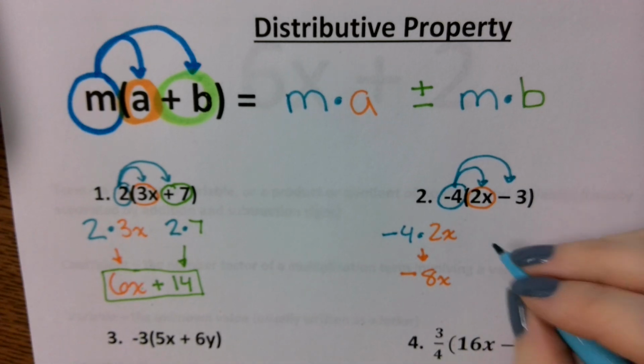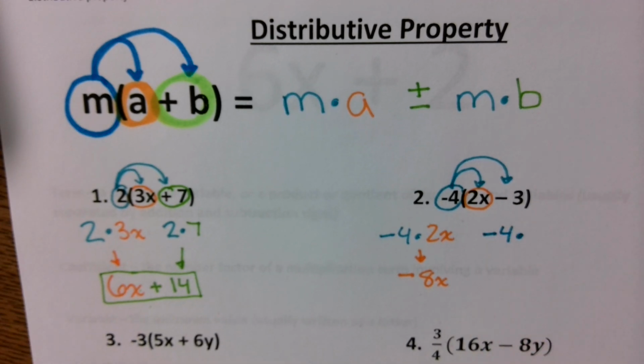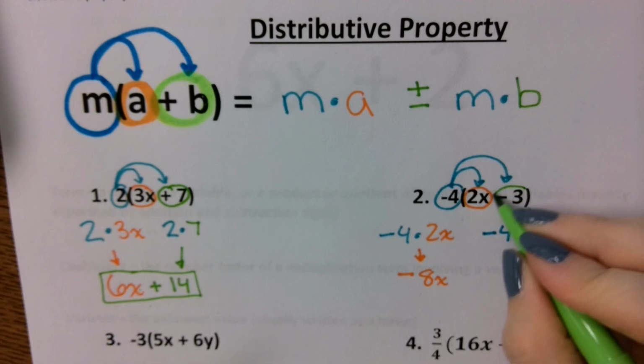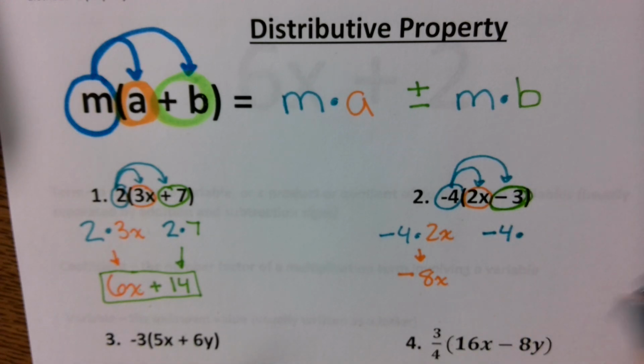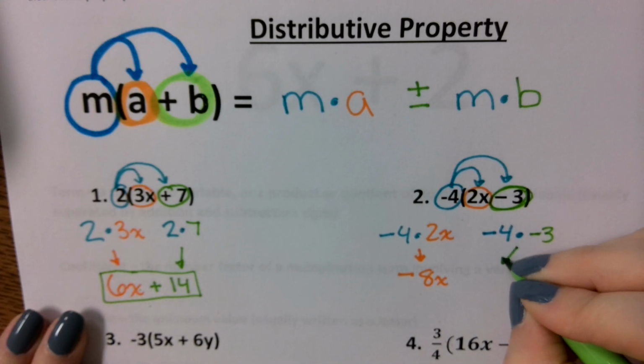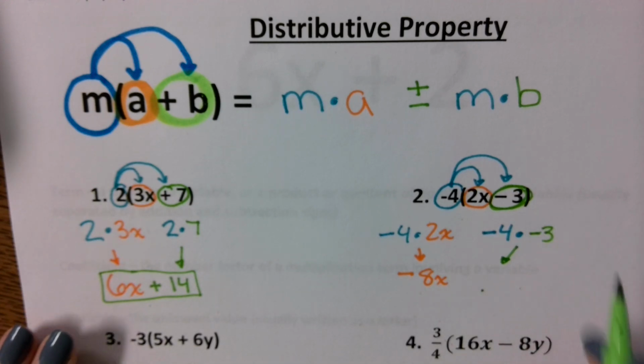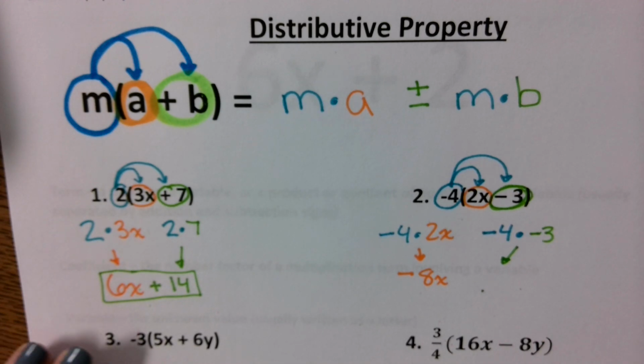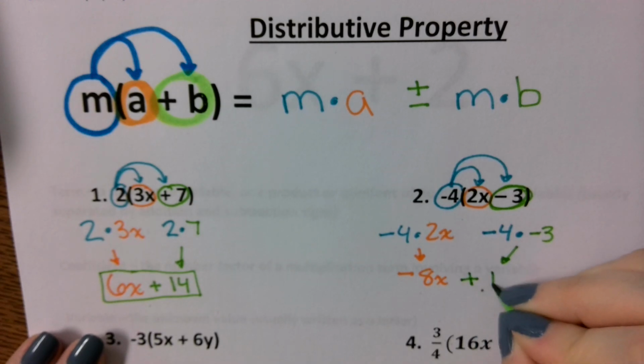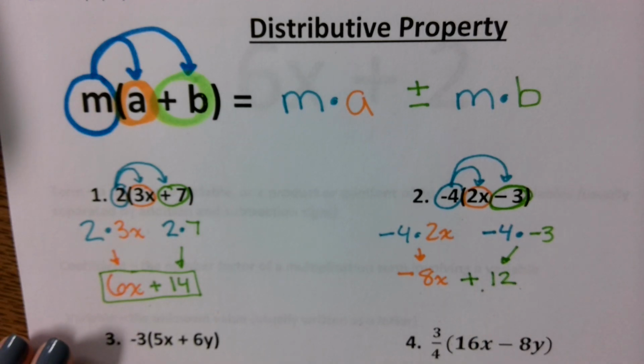But then I've got to distribute negative 4 times a negative 3. Well, a negative times a negative is a what? Positive. But I can't tell you how many people go, oh, minus. They keep wanting to put minus because they saw a subtraction. But it's not. It is a plus now. It is a plus 12. That double negative distribution is going to create a positive value here.